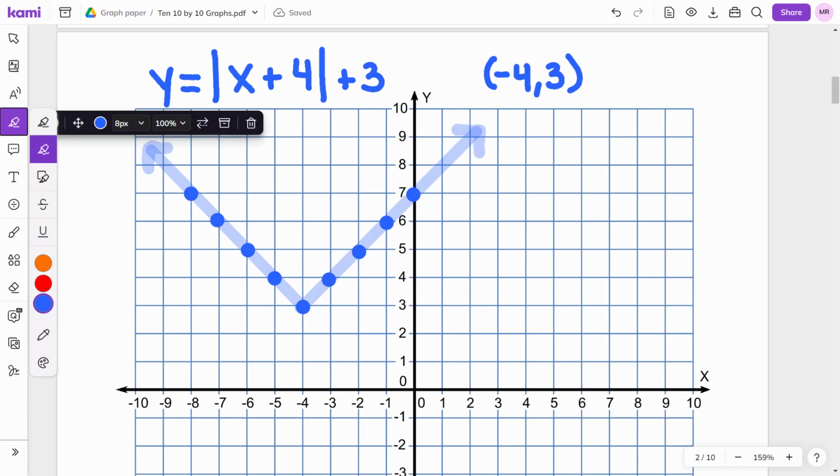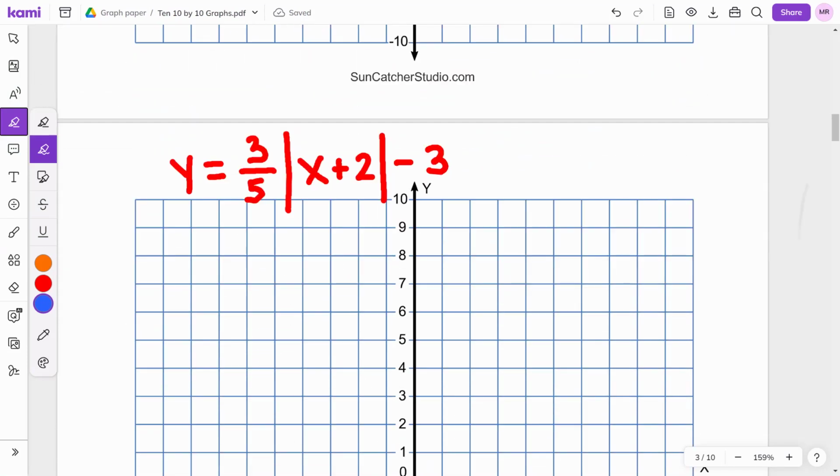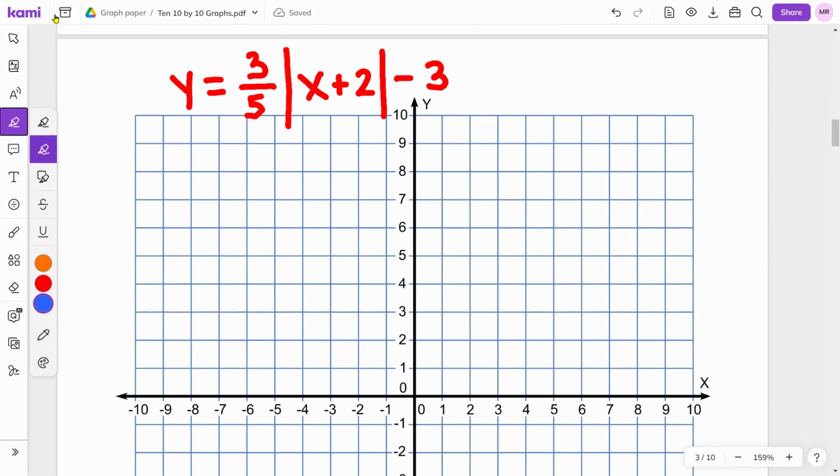Now, I'm going to go through another one. So when I go through this next one, here I have a stretch of 3/5, but I can also think of it for absolute value only or lines as a slope, not for any other ones of the graphs that we're dealing with, not for parabolas, not for cubic graphs, only for these linear looking graphs.